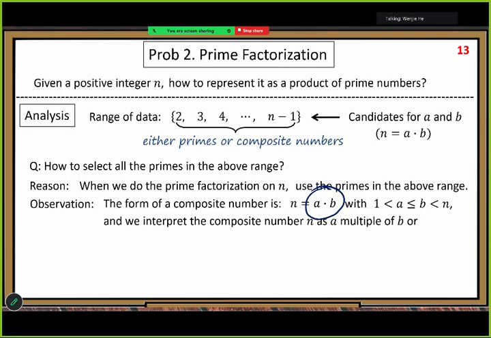Here we use a different view. How do we view this product? We know it's a simple structure, a product.